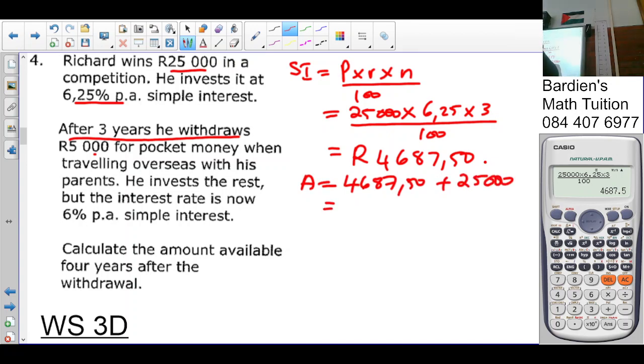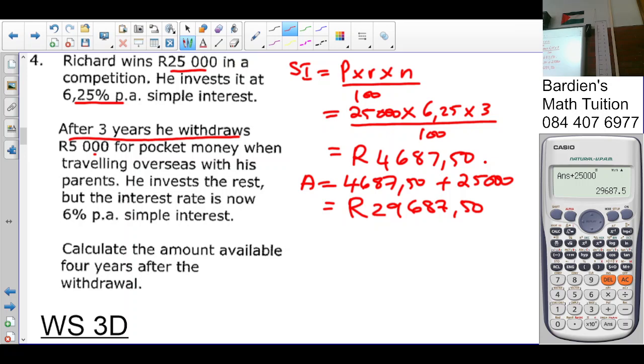So in total, he has, no, not yet, 29,687 rand and 50 cents. So that is at the time of withdrawal.